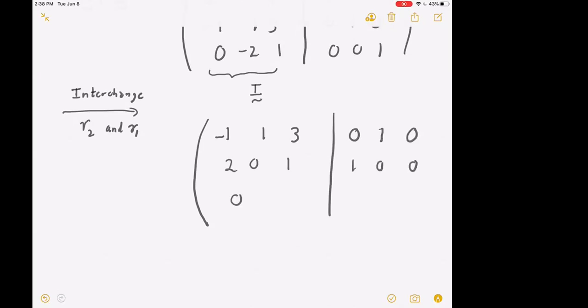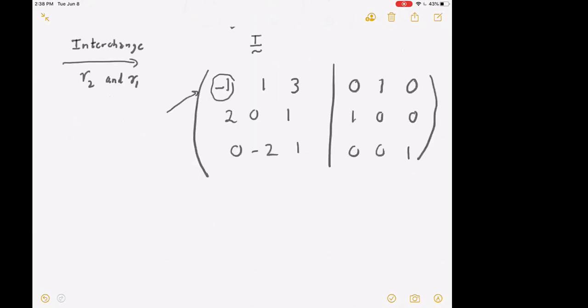And the third row is left alone. I did nothing to this. Now you can see why I'm doing this, because now I want to turn the 1, 1 matrix element into 1. And that's one step towards turning this thing to the left of the vertical bar into the identity matrix.